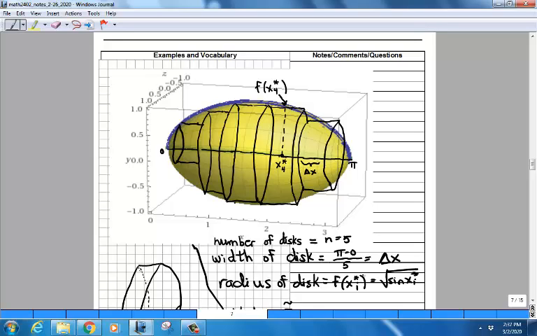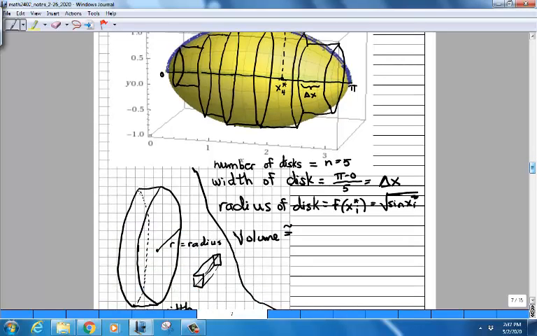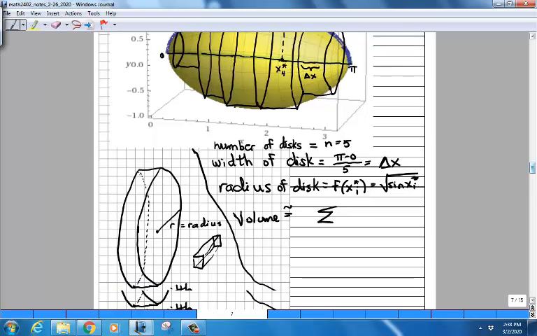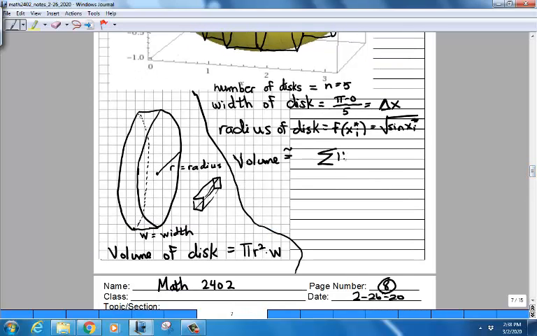So there's the radius of every disk. So what's our estimate for the volume? Well, you take the sum of what? You have pi, and then you have the radius. What's the radius? It's the square root of sine of these x values. And then what do you do with that?